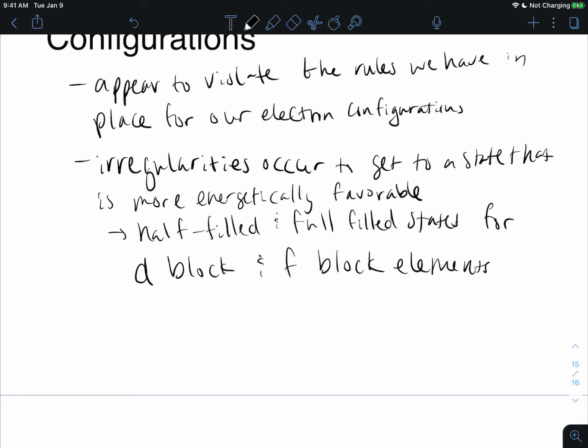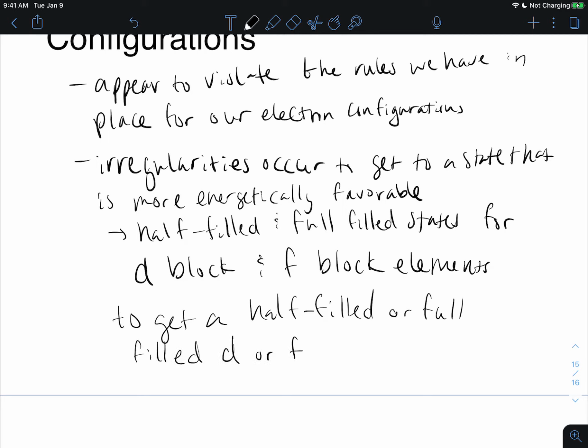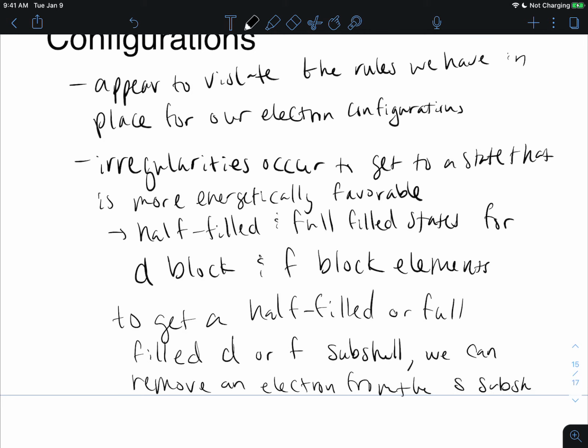So if we can get to a half-filled or a full-filled state, we will promote an electron from an S orbital into a D or F. So to get a half-filled or full-filled D or F subshell, we can remove an electron from the S subshell.